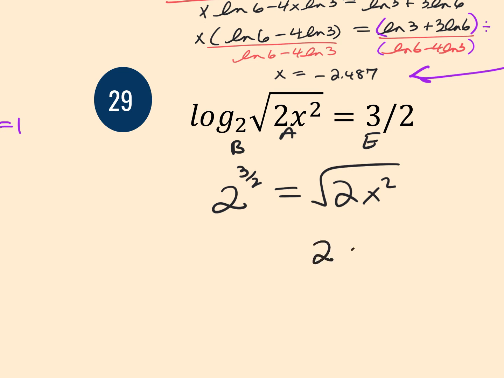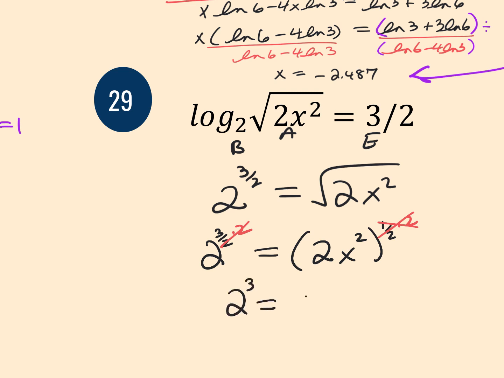So this becomes 2 times x squared raised to the 1/2 power. And then I'm going to get rid of the fraction exponent. So I can raise both sides to the 2nd power. That'll cancel. And now I'm left with 2 to the 3rd equals 2x squared.